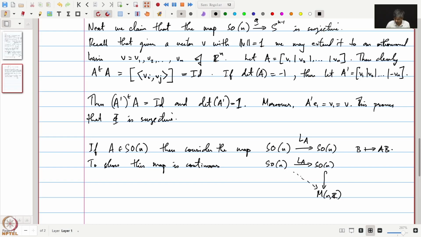But this composite map, this dotted arrow, factors like this through M_n(R) via L_A, so both these triangles commute.